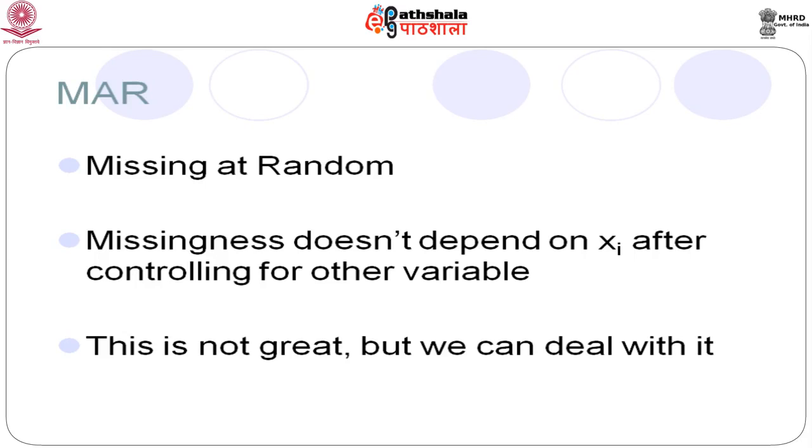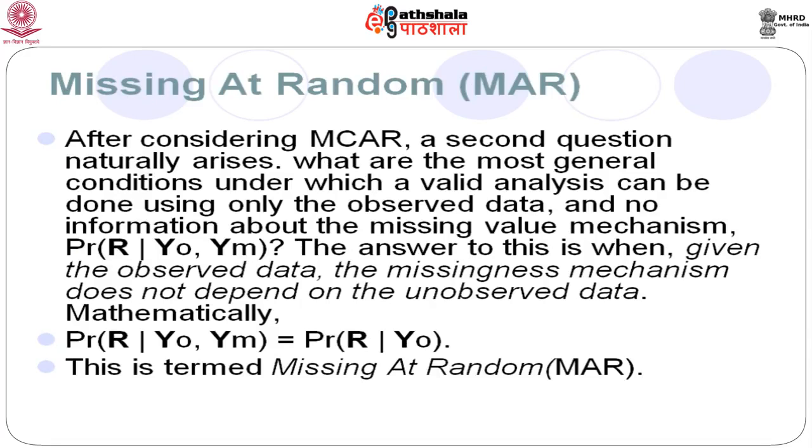Anyway, so come to the next one, which is MAR, which is missing at random, and here in this case missingness depends on the variable, except that it can depend on other variables too. This is not great, but we can deal with it.